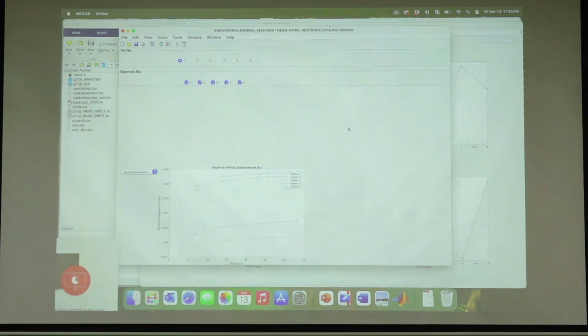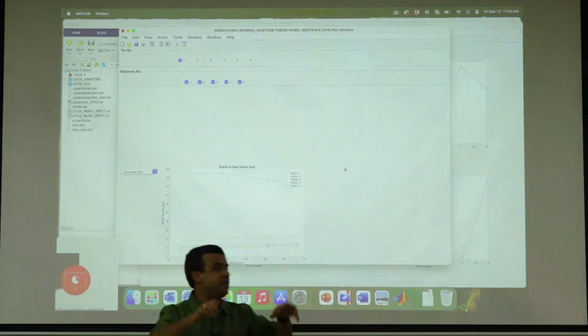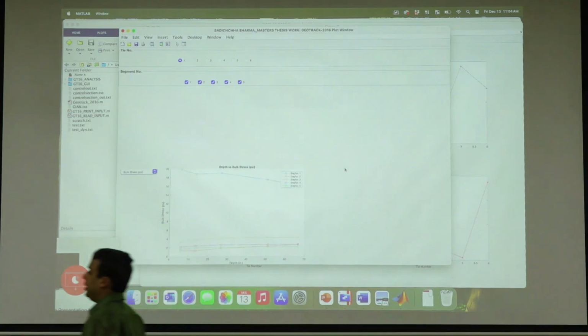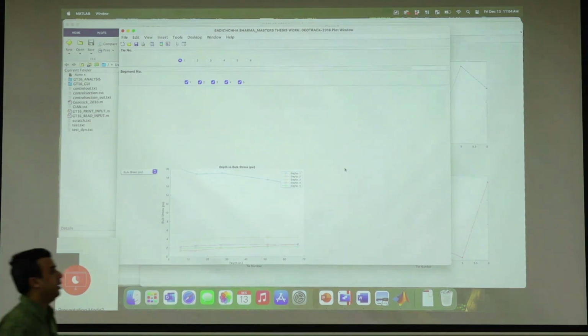And then you can change this to bulk stress, where the bulk stresses are high, of course under segment number 1, because it's under the rail. Imagine how a load is transmitted, right? This is actually a very interesting problem in railroads as well.